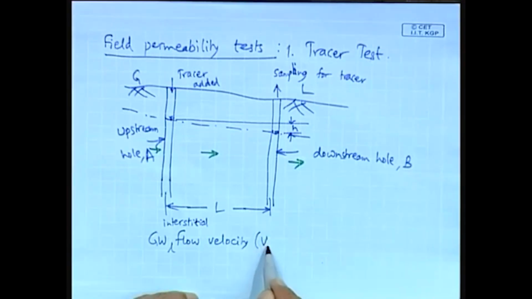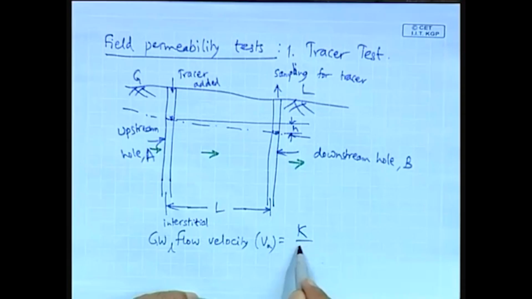So, this is VA. This is given by the hydraulic conductivity K divided by the porosity N multiplied by H by L, which represents the hydraulic gradient, and this is also given by L by T, where T is the travel time.